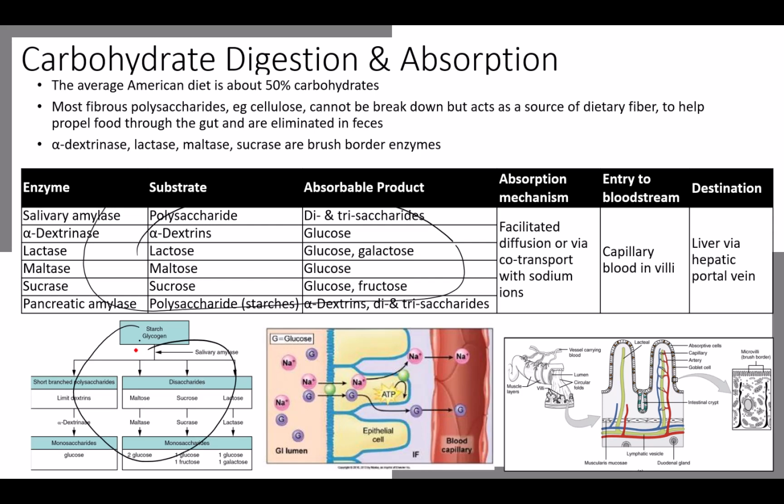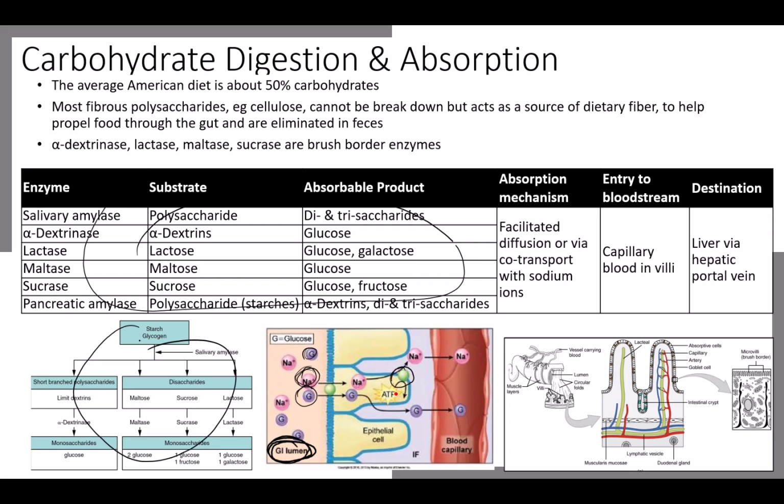This is the lumen, the inside of the tube of the digestive tract. Glucose moves in through the epithelial cell through co-transport with sodium ions. So it moves in the same direction, using energy that's produced by the movement of sodium.